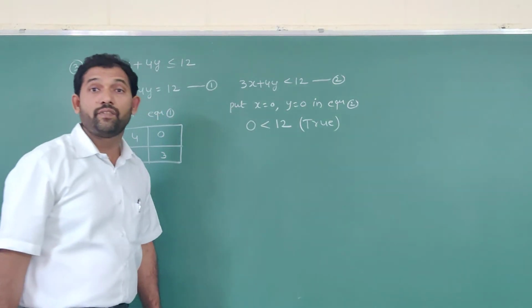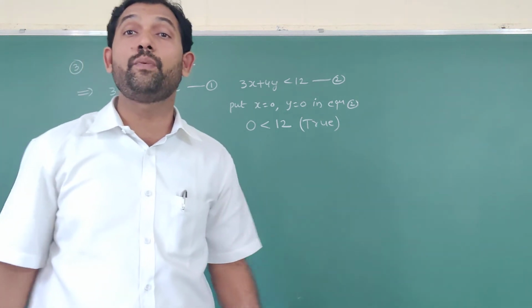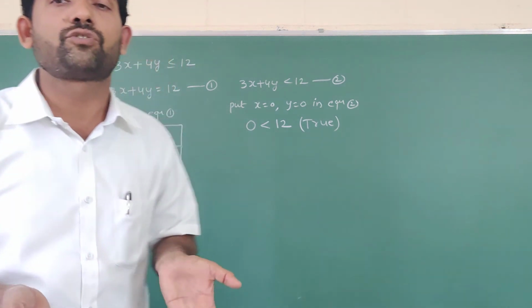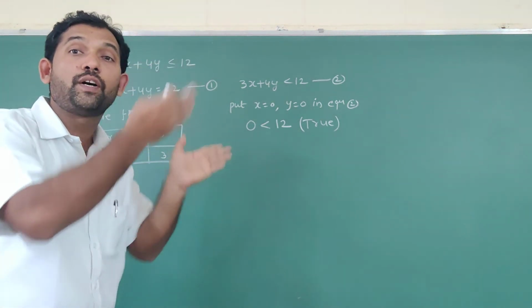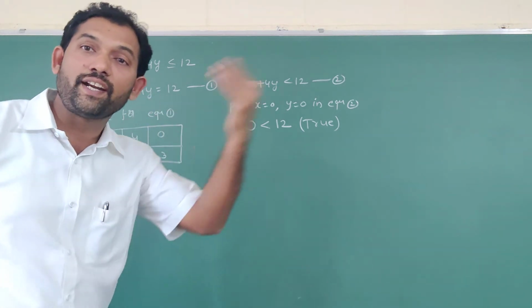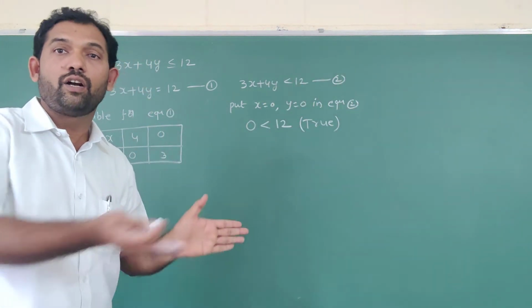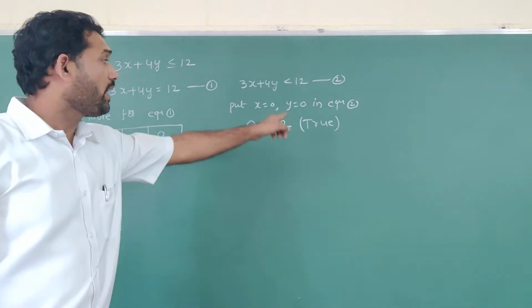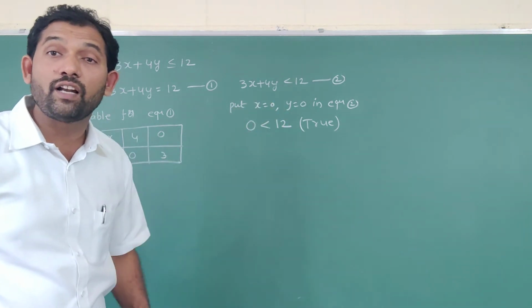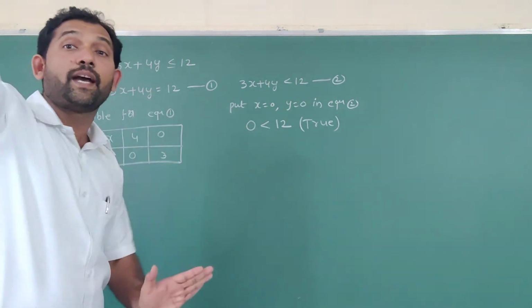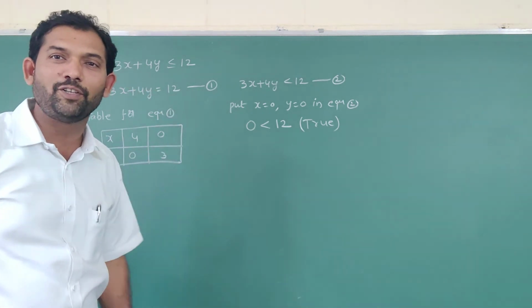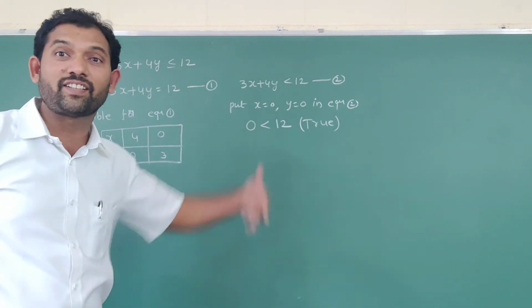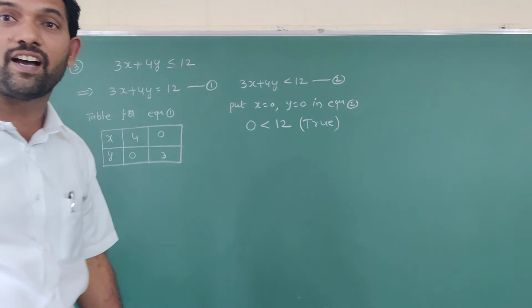The condition is true, so what do we have to do? You have to shade towards the origin. Here, if we get false, we have to shade above the line, on the side other than the origin.